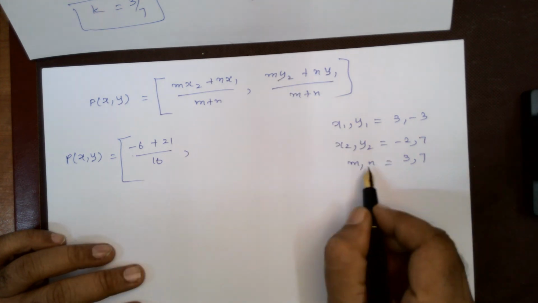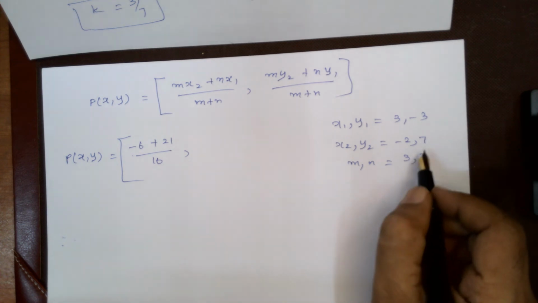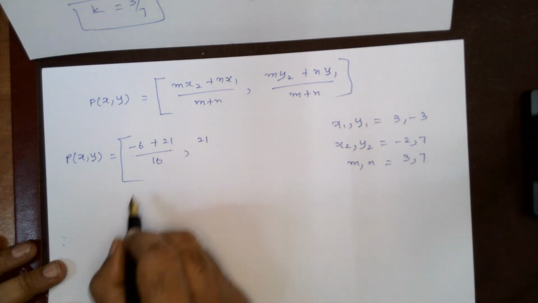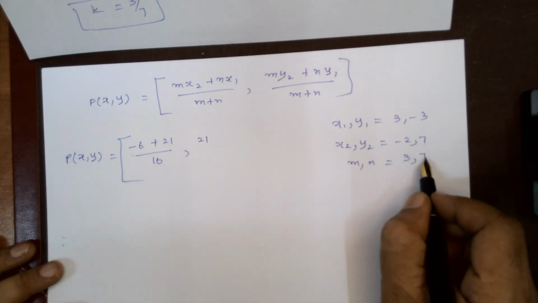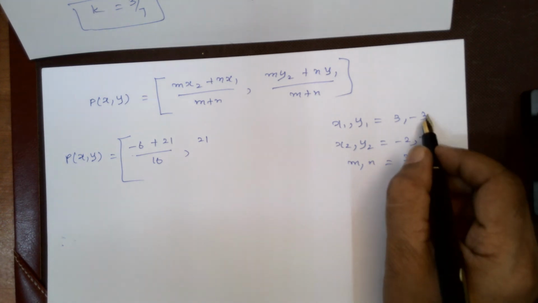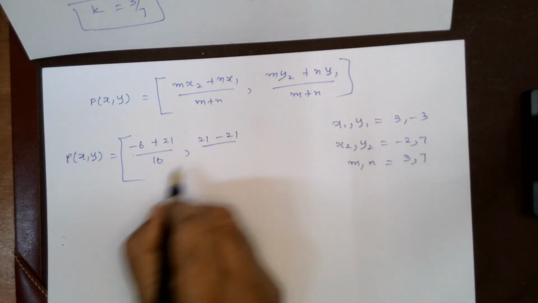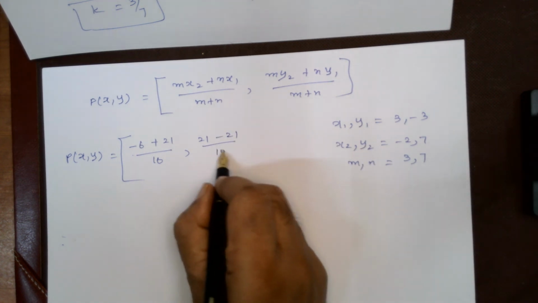What is m? m is 3. What is y2? 7. So 3 7s are 21. And then n 7 into y1.